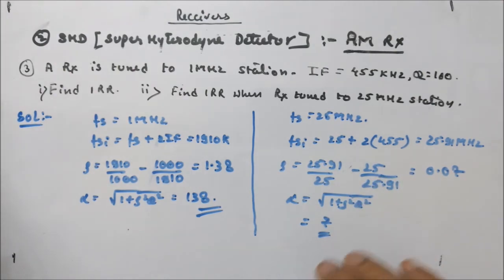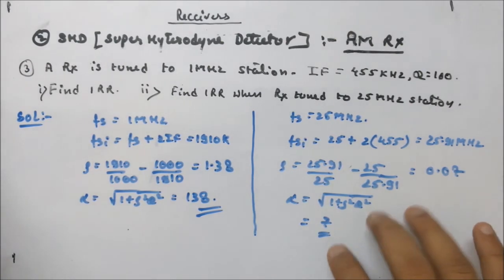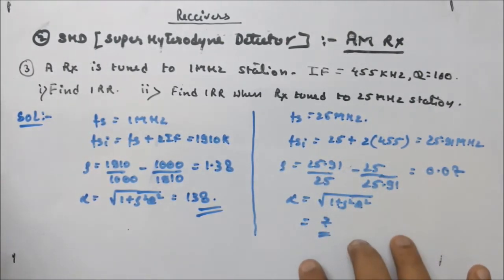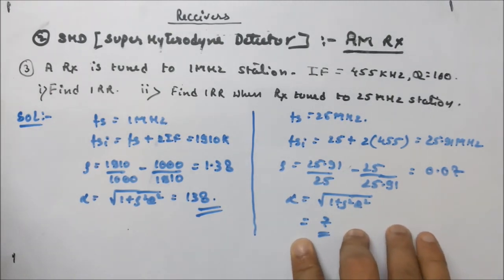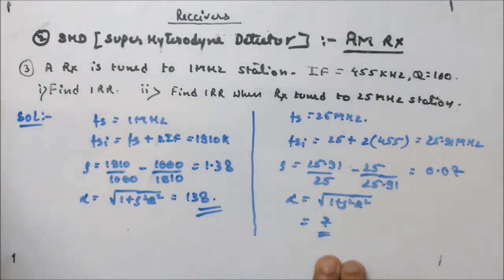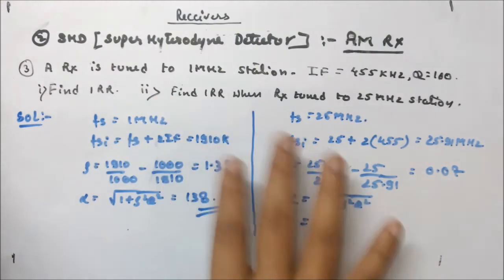So this receiver is not good. The modification has to be done in the receiving section of this superheterodyne receiver, so that you will get an alpha at the end which is quite significant and usable. Here you cannot use this one, but you can use this one. That is what you can learn from this example.